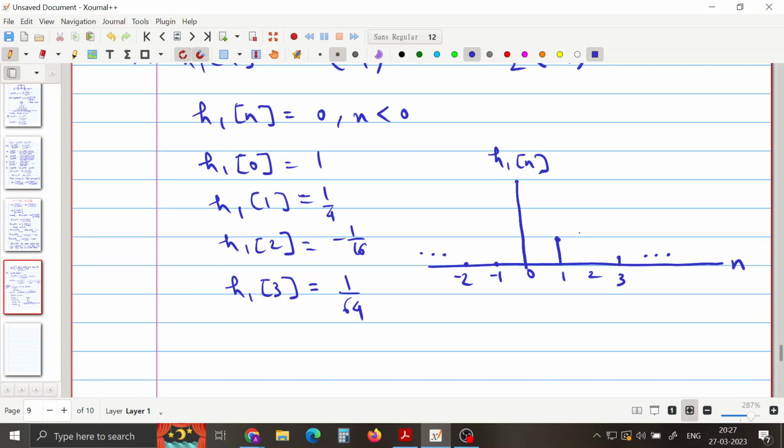So at n equals 2, we have minus 1 by 16. And similarly, you can do it for h2 also, the second filter. So just verify.